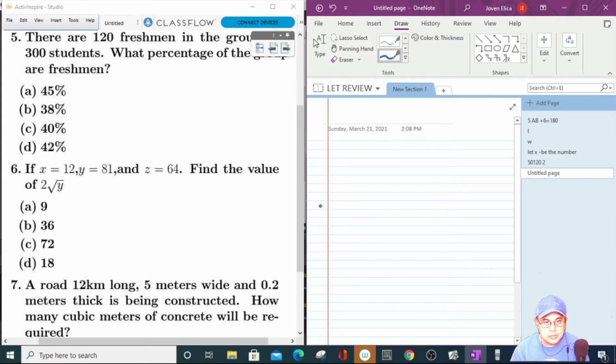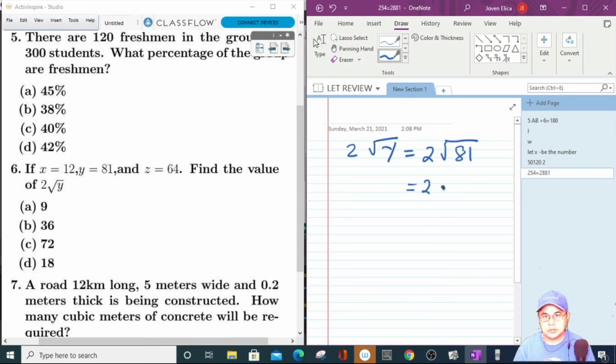If x is equal to 12, y is equal to 81, and z is equal to 64, find the value of 2 square root of y. This is just a tricky question. We know it's already given that the value of y is 81.